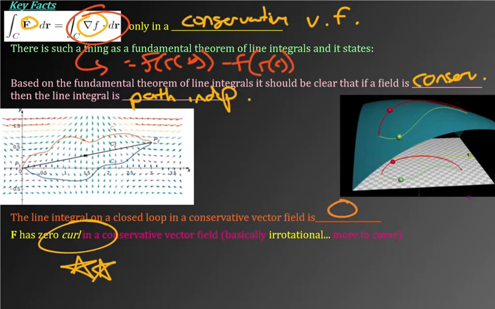What's really happening here is the vector field has 0 curl, and that's a formal math operation, actually. It's a measurement of something. Basically it means that the field is irrotational, and I'll talk about that. But this is key to understanding some of the later stuff in this unit. So that's what's happening with conservative fields. They're really nice. They make a lot of things easier.